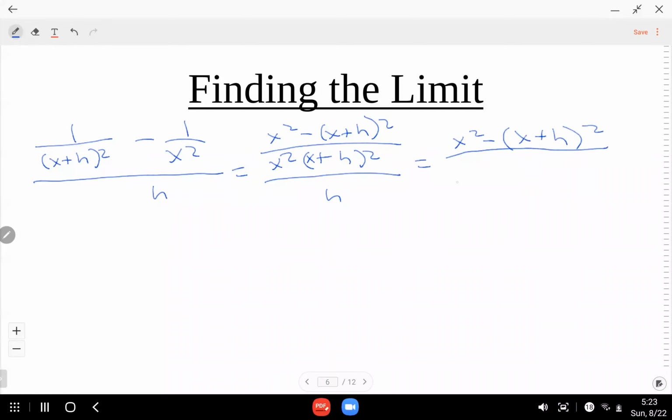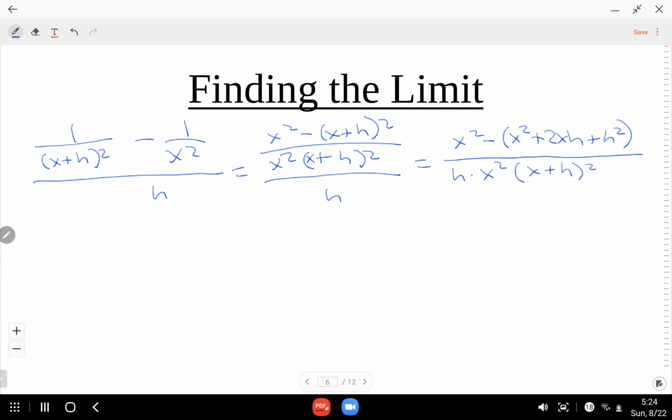Hold on. x squared minus 2, nope. I hate this. x squared, yep, plus 2hx plus h squared. And then that's over h times x squared times (x plus h) squared.